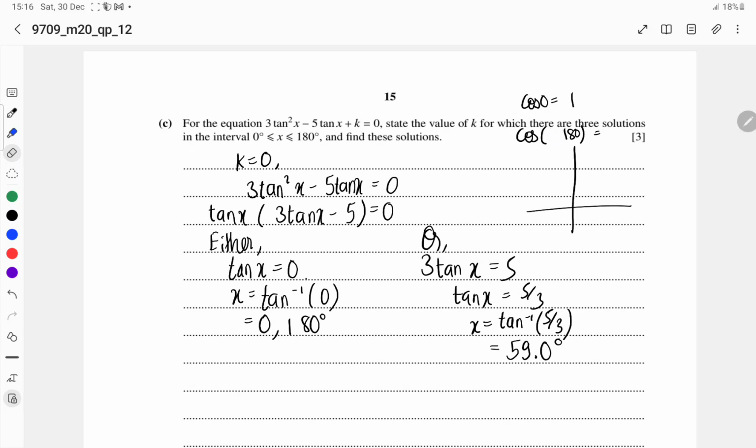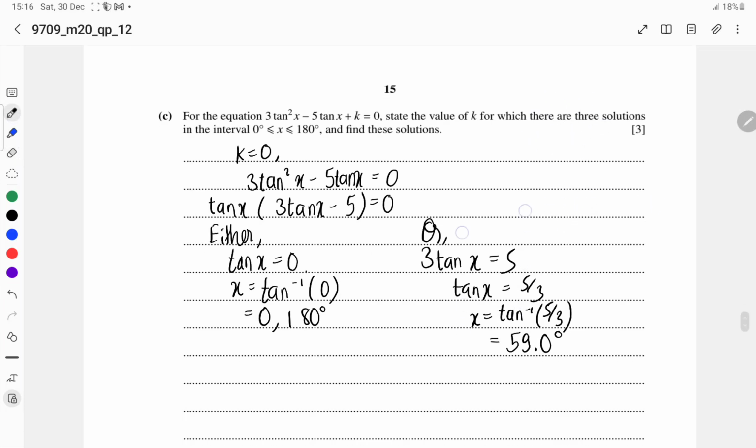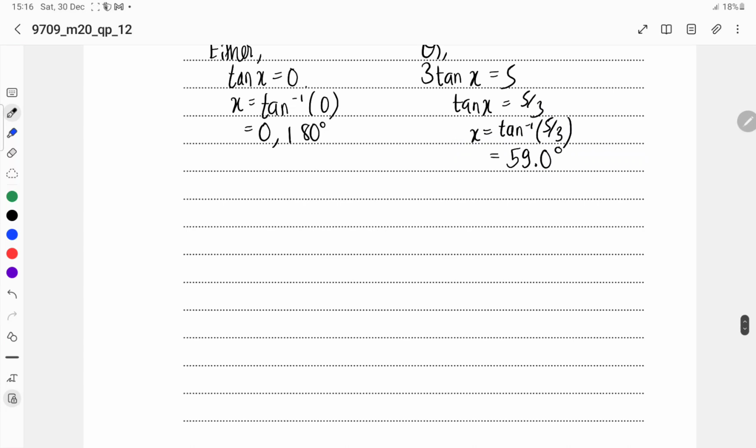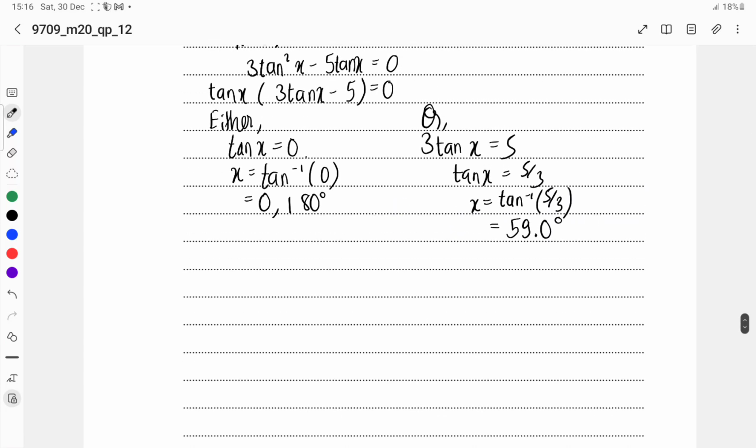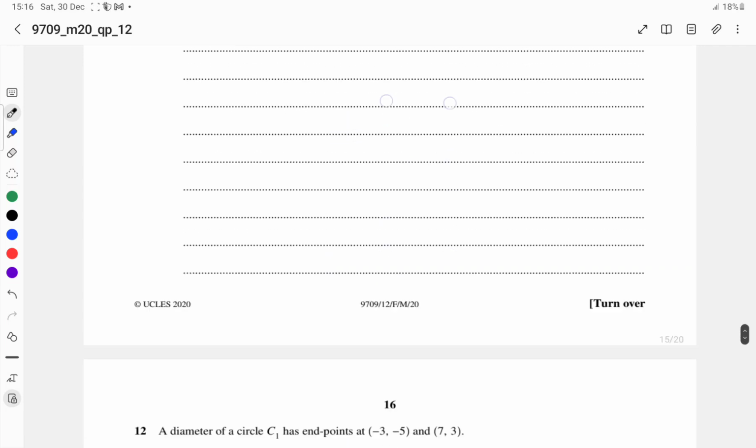Am I correct? I don't think so. Cos of 180 equals negative 1. Okay, I'm not correct. So it works for sine and tan, and for cos we need a different interval for which we can get 3 solutions. We will discuss it in the next videos. So we have the values of x: 0, 180 and 59.0 degrees.